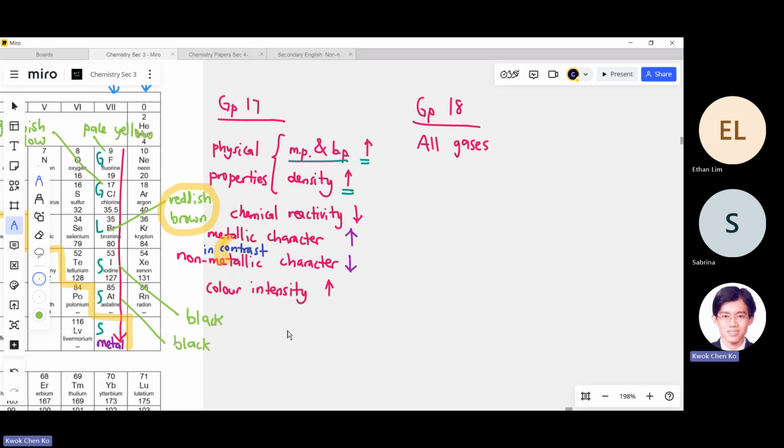I'm not going to talk about MP, BP or density, because it's not exactly part of the syllabus. But how about chemical reactivity? Come, Angel, anything about chemical reactivity for group 18? Yes, good. Non-reactive. Yeah, why, Angel?